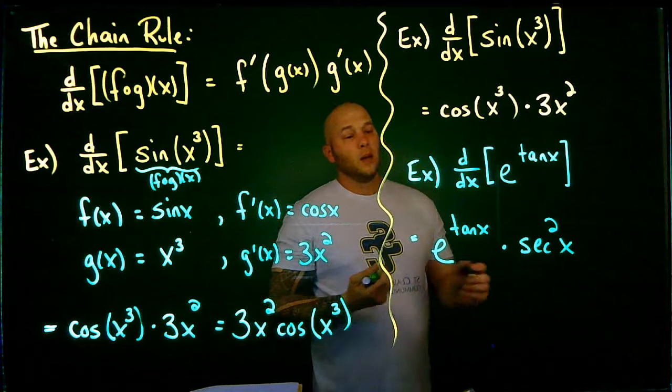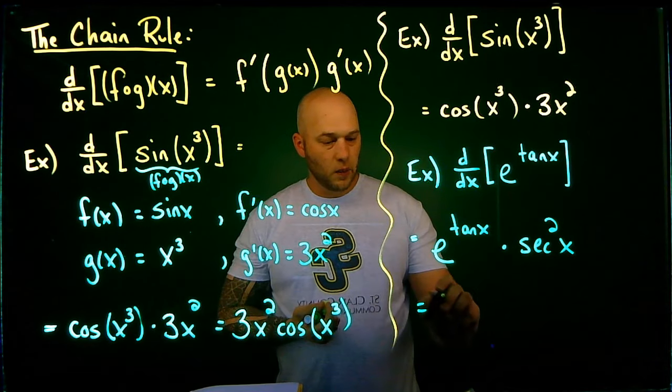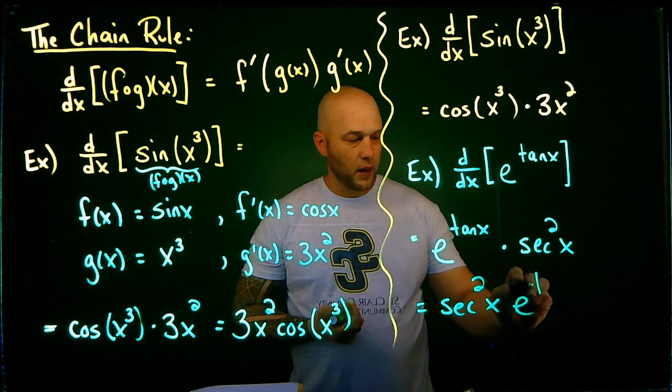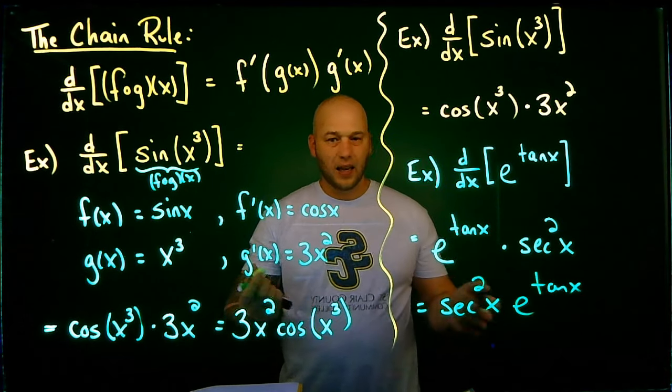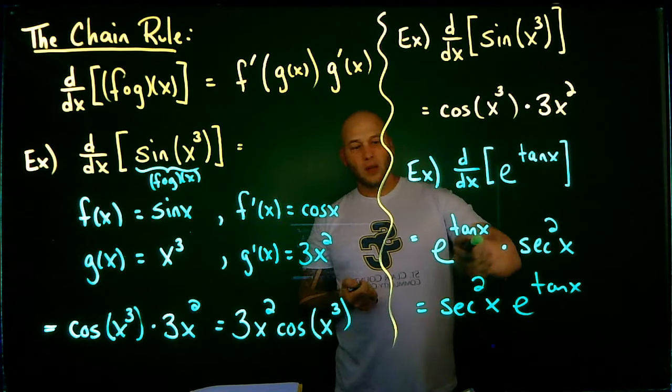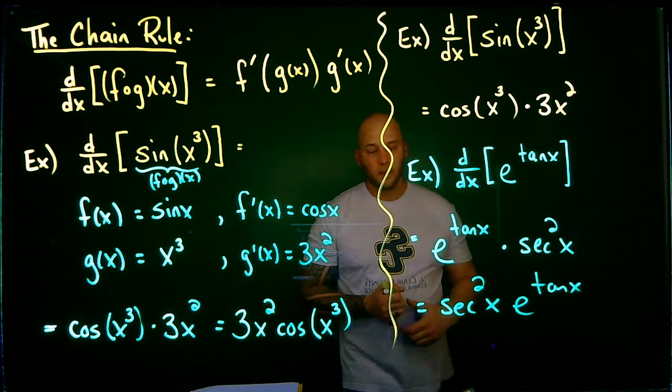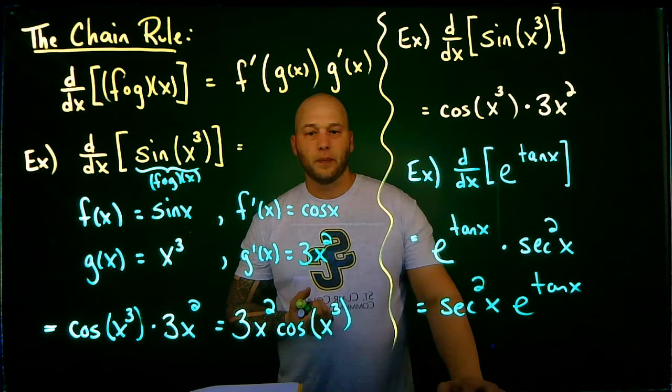Typical formatting for this one is I would put the trig function followed by the exponential. Again, it's not incorrect to leave it in this form, but this is more of a traditional way to write it. Okay, let's do a few more examples.